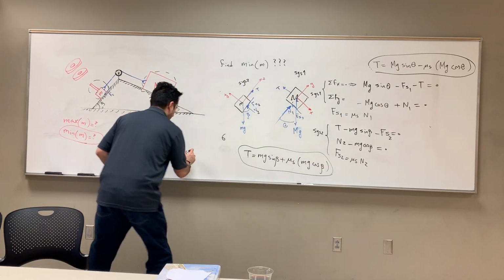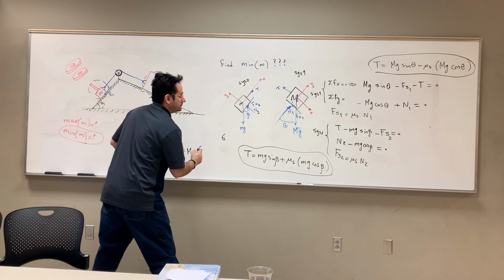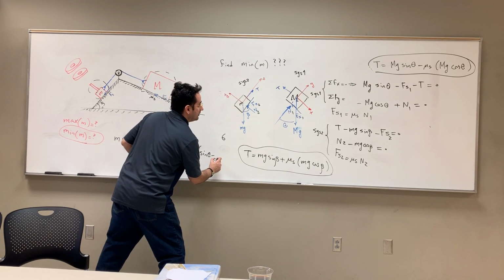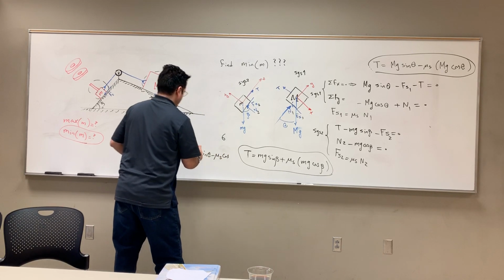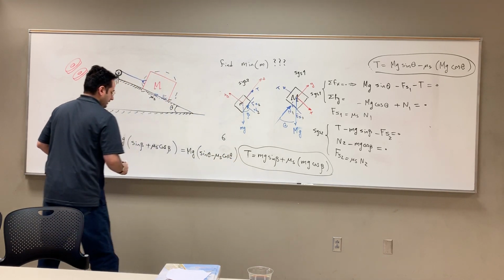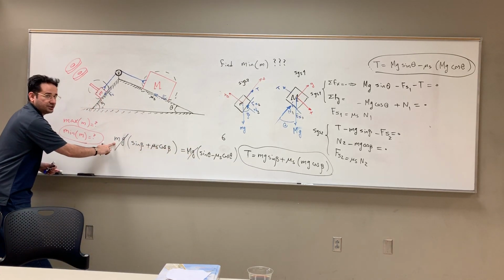Which is capital M, factor g again, times sine theta minus mu S cosine theta, right? The g cancels out, then you get a relation for m.